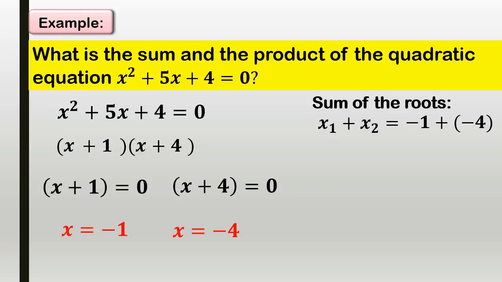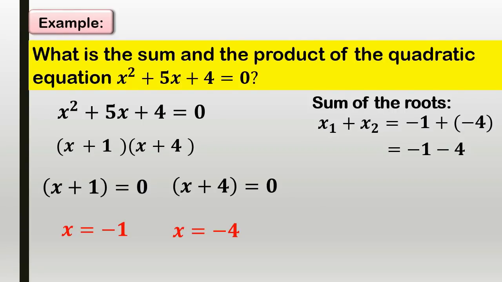So, as you can see, the operation that we're using here is positive. Since beside the positive sign, there is a negative, kailangan muna nating i-simplify ang positive and negative sign before we proceed solving the sum of the roots. Positive times negative, it will become negative. That's why it will become negative 1 minus 4.